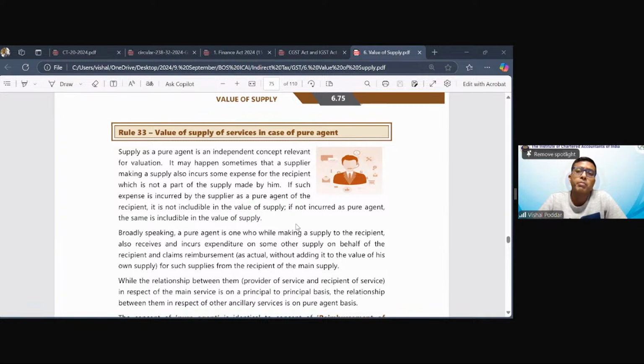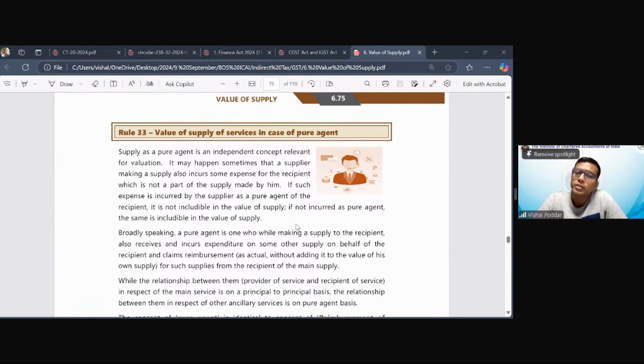Now, in this case, when I'm raising the invoice, I want to take this 10,000 also. So I raise the invoice where I show 25,000 as my service charges, consideration for doing the return preparation, and 10,000 the tax which I have paid on your behalf. I give you the invoice. You make me payment of 35,000, which anyway you are bound to make.